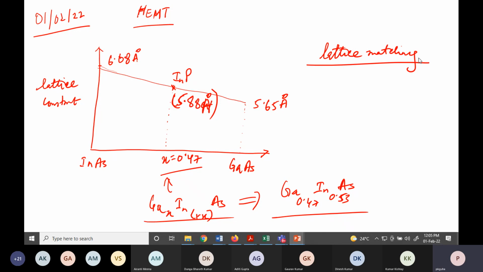Another important point we discussed is that in heterojunction formation, there can be a notch in the conduction band or valence band, depending on the materials we are using. Because of the notch there will be band bending.